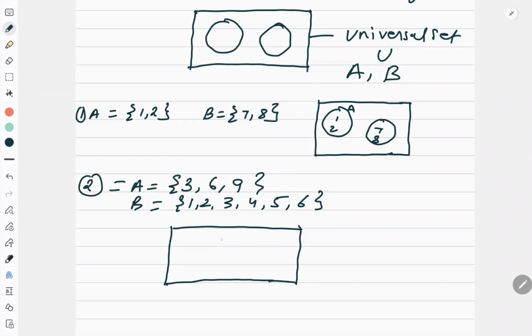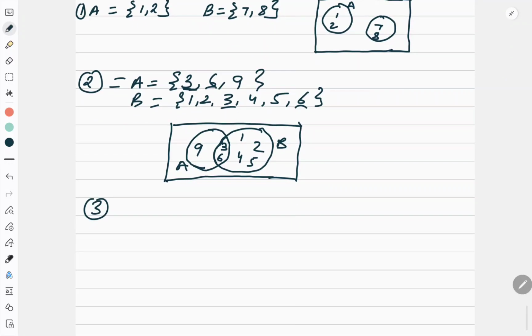Now in this there is a set A which has 3, 6 and 9, and there is another set B which seems a little bigger. So it has 1, 2, 3, 4, 5 and 6, and A has 3, 6 and 9. Since 3 and 6 are there in both the sets, that is the reason they are in the region which represents both A as well as B. Later I will tell you that this portion is called the intersection.